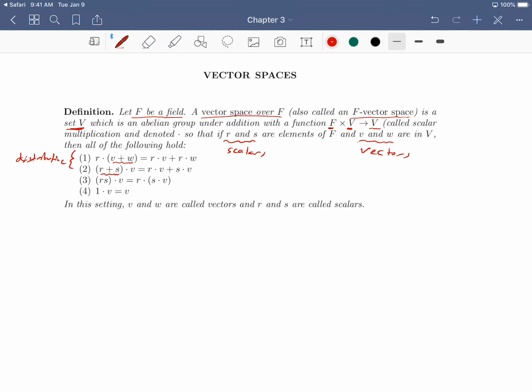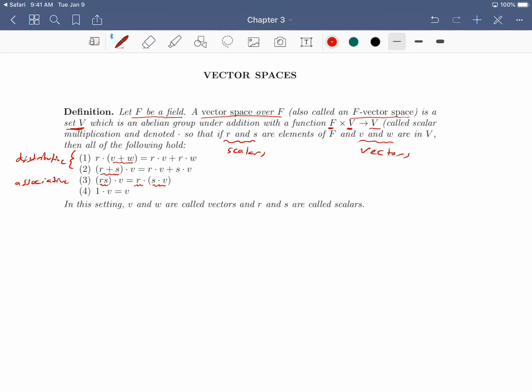Okay. Number 3 is sort of an associative property. And again, there's subtlety here. So rs, that's just the two scalars multiplied together. Over here, the sv, that's a scalar times a vector. That's a scalar multiplication. And then that produces a vector, which we then multiply by another scalar.